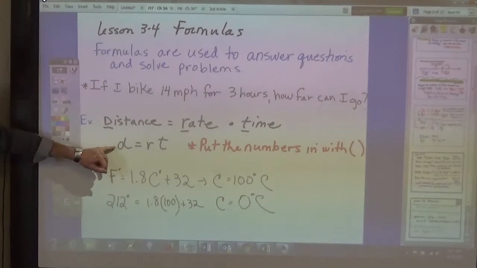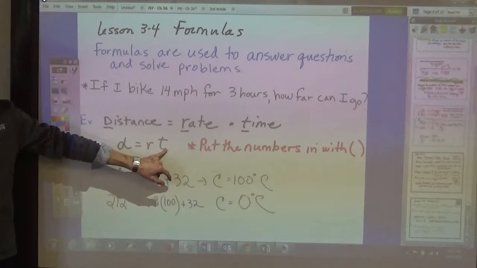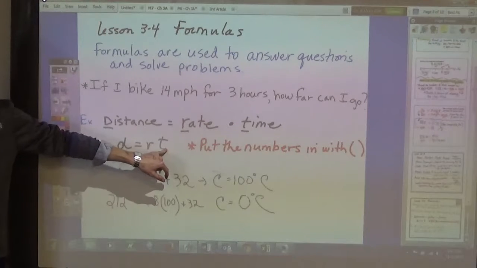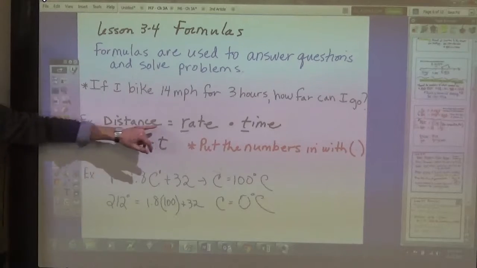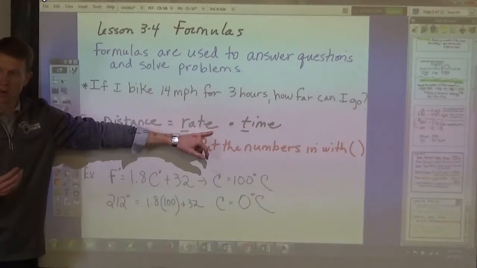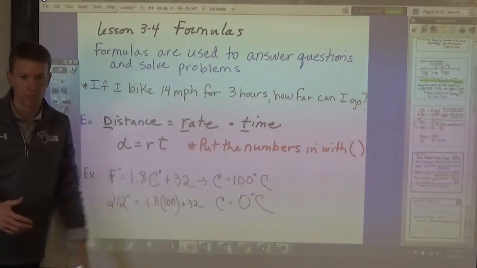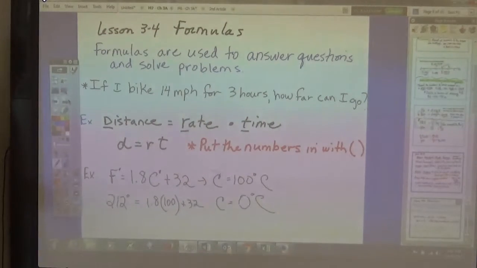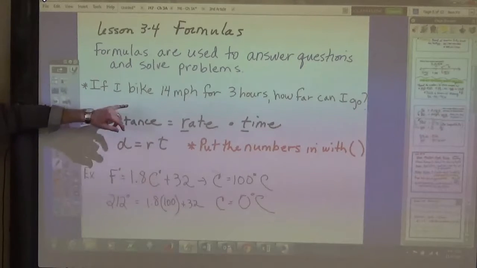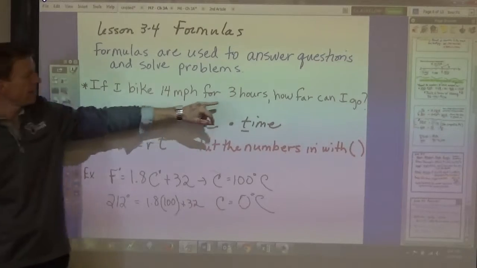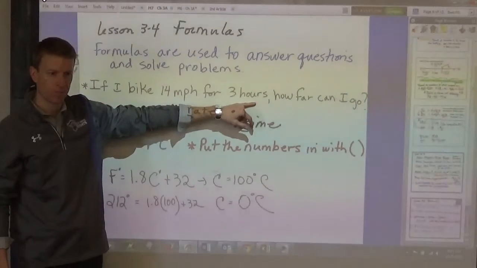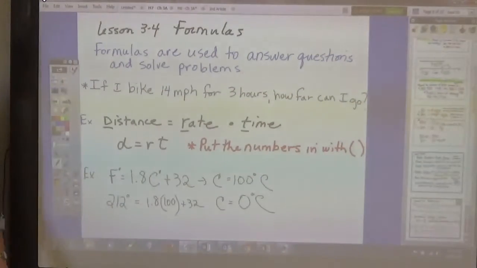So if you see the formula D equals R times T, that's a very common formula, which stands for distance is equal to the rate or the speed that you're going times the time. So if you're going an average speed of 14 miles per hour for 3 hours, you can find the distance.